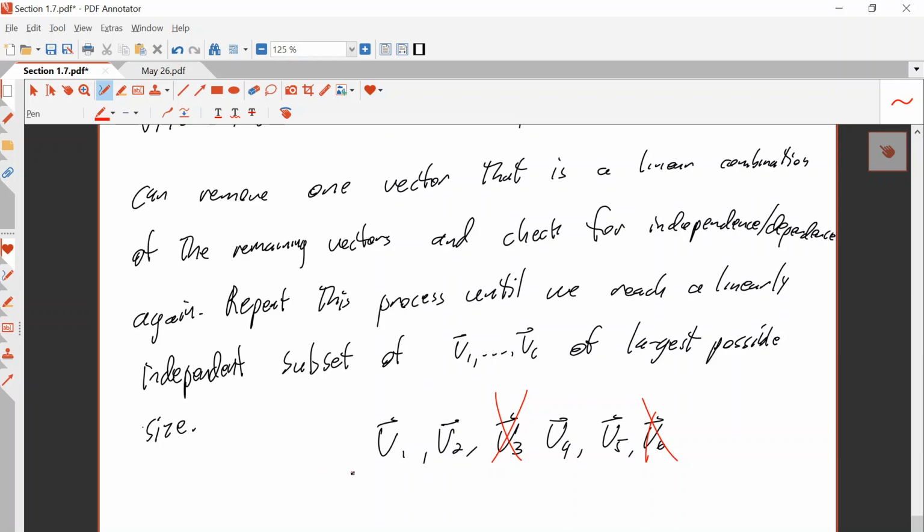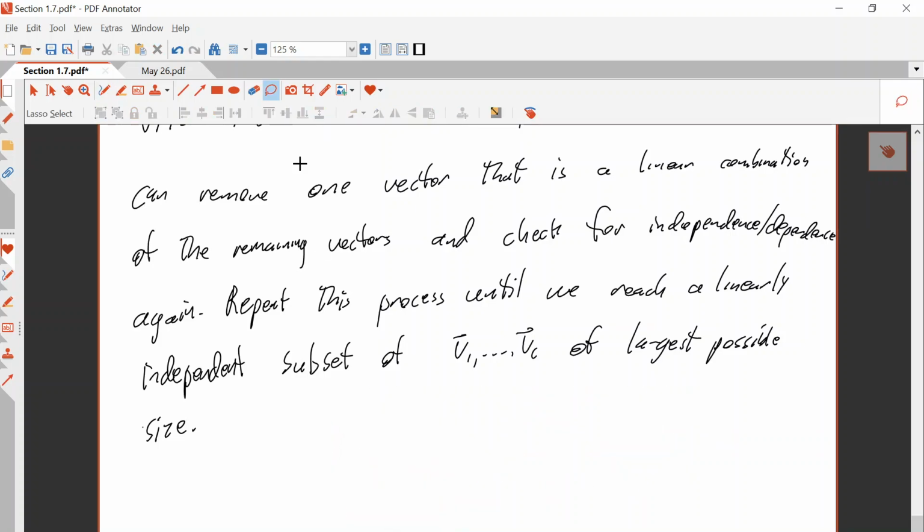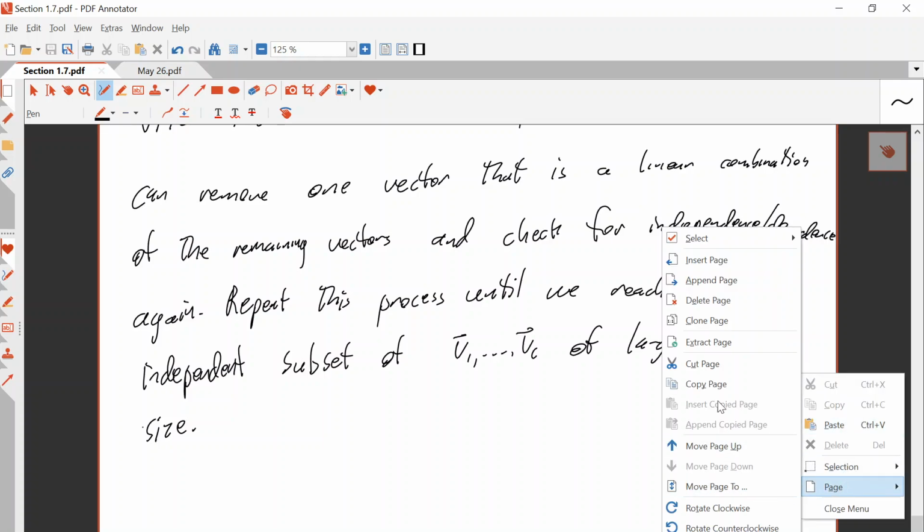Now, how do you do that? In practice, it's actually easier to do than what I described here, but this is the theoretical idea behind it.